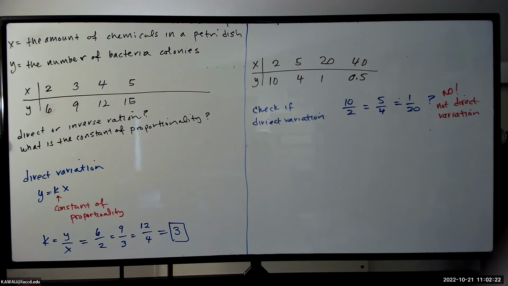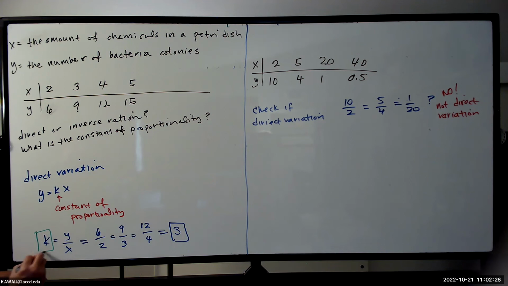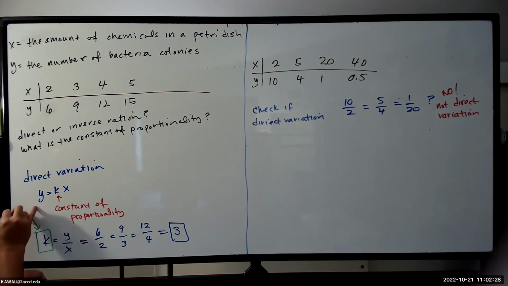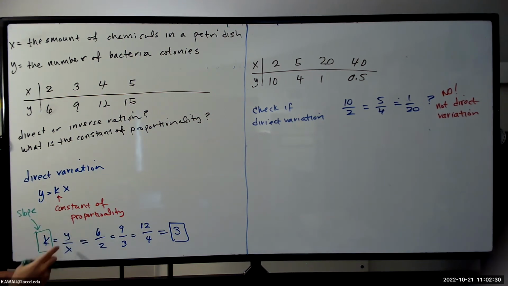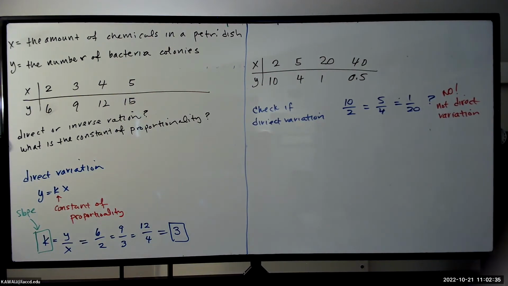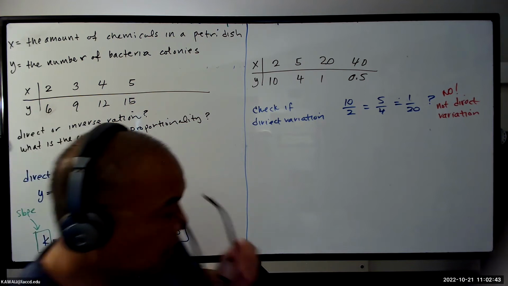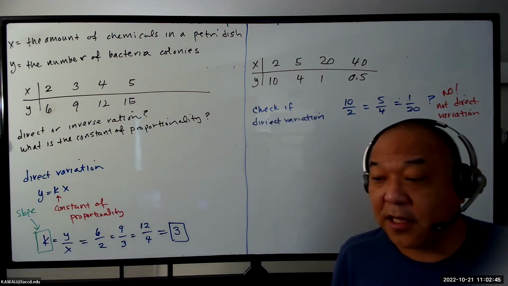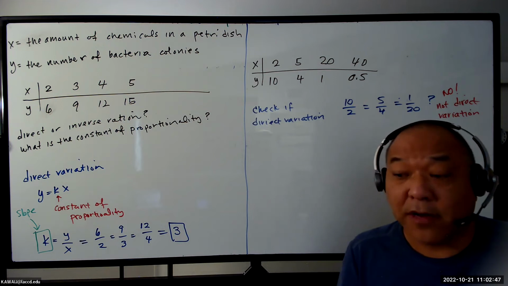Now, I want you to see over here that this constant of proportionality is the slope, right? It's the y over x. So if you're trying to remember which one goes on top, the y or the x, slope, y over x. And in pretty much everything that we're going to do, we're going to go over correlation and covariance.